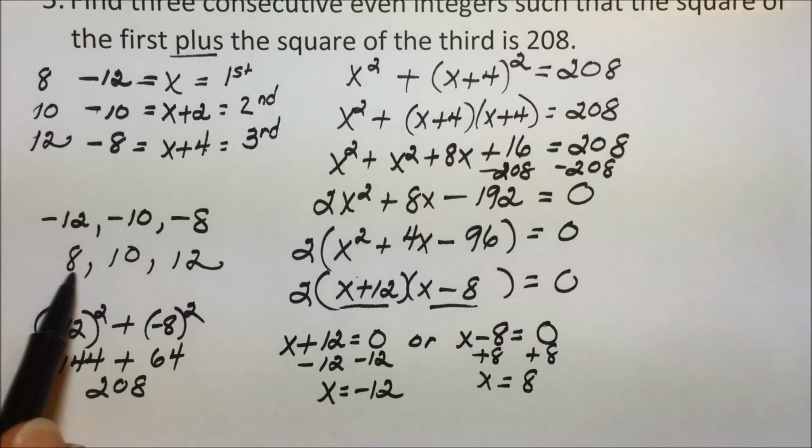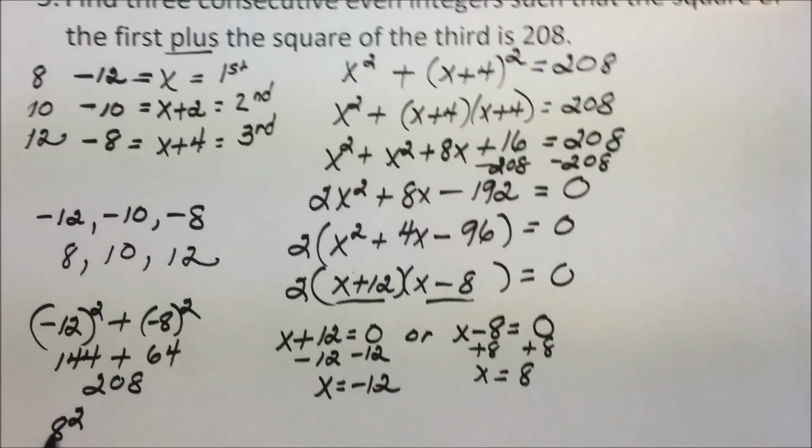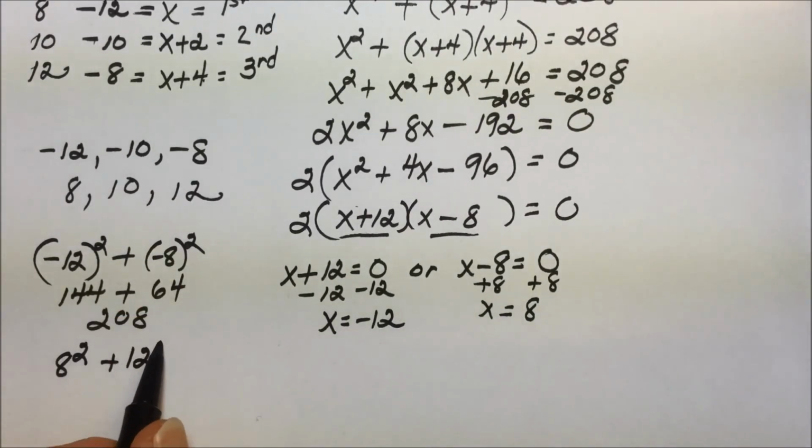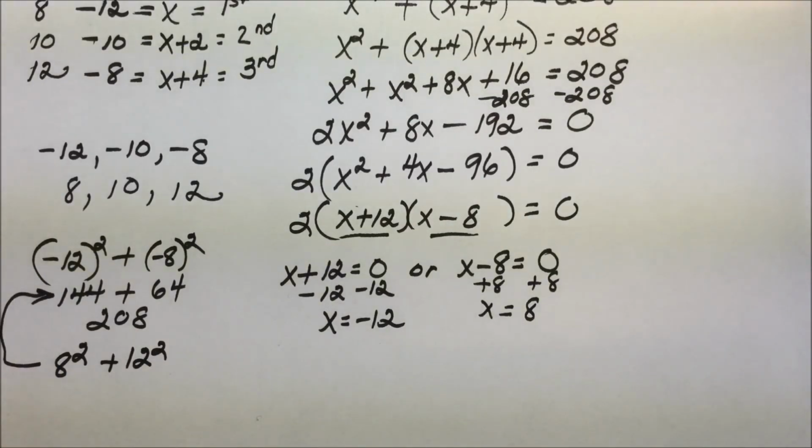And likewise, if we try the other 3 consecutive even integers that are all positive, the square of the first would be 8 squared. The square of the third would be 12 squared. We will end up with the 64 and the 144, which do add up to be 208.